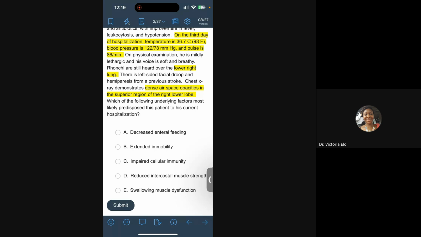E is going to be the right answer, because when you have swallowing muscle dysfunction, you are going to aspirate oropharyngeal contents into your lung.